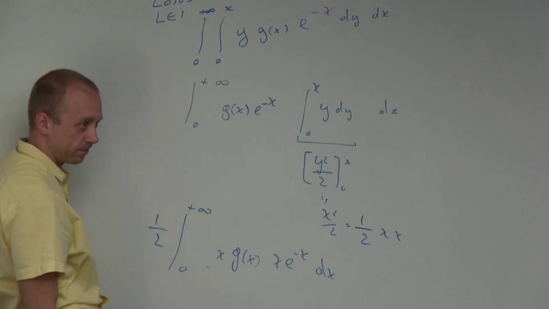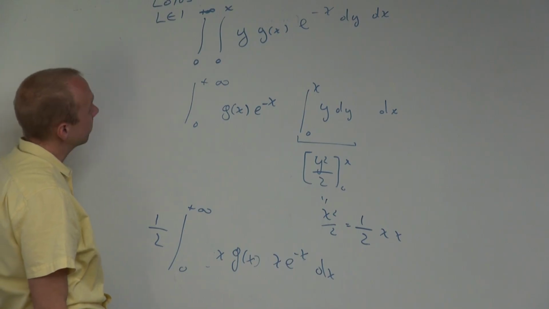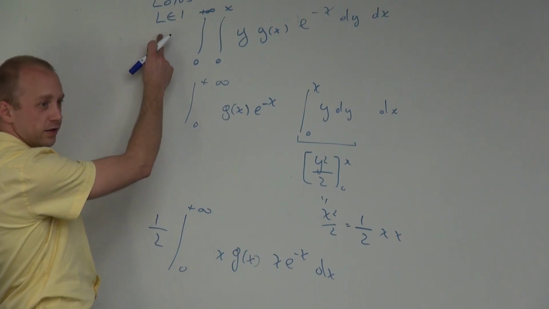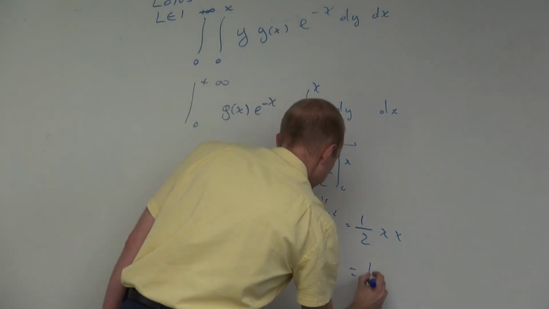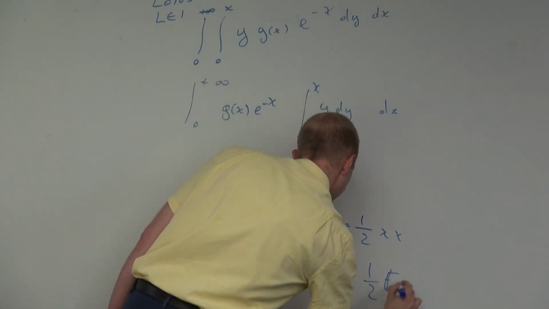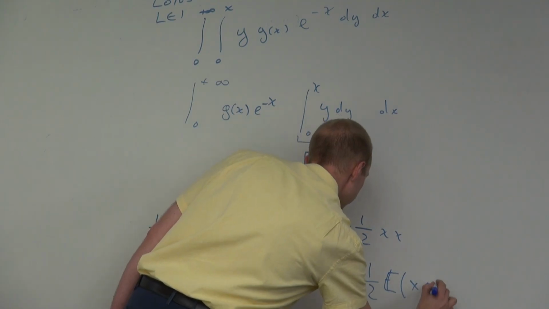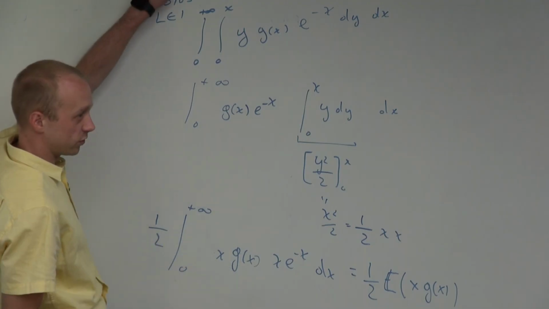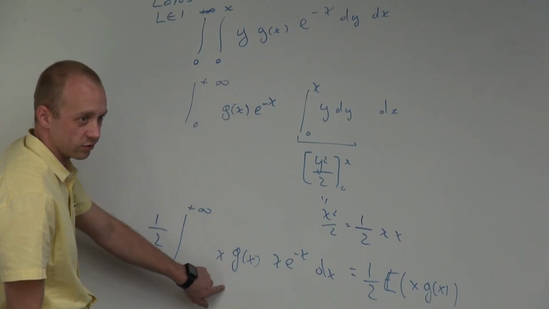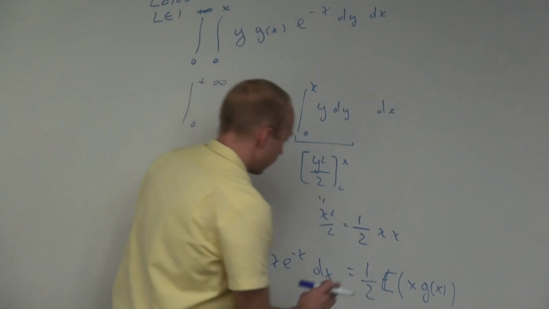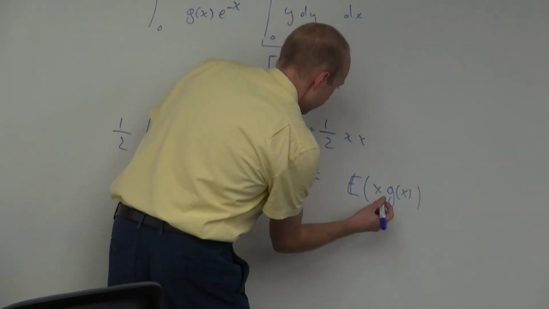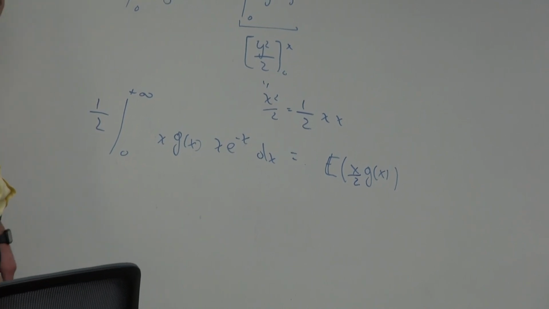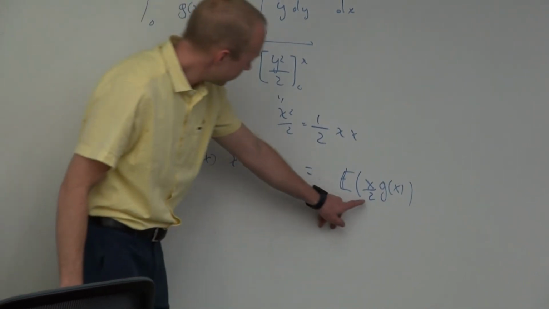What is this? I see it as LOTUS over again. This is 1/2 E of x g of x, no? Yes, it's the same concept that we used here, but now here in one dimension, no? Yes. And then bring this thing inside. You have this. So you have something very special. What is this?